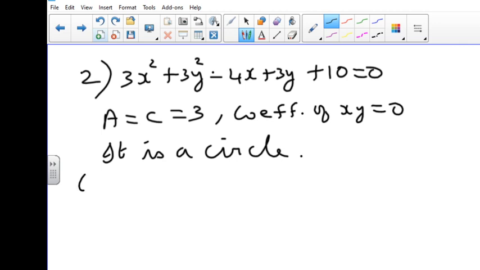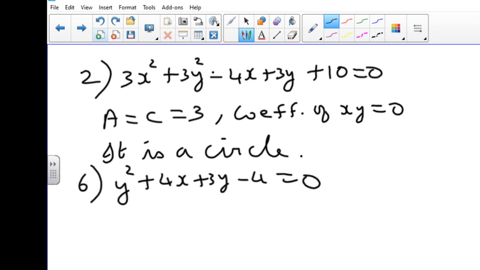Then coming to the sixth one, y square plus 4x plus 3y minus 4 is equal to 0. So here also you check with b square minus 4ac.